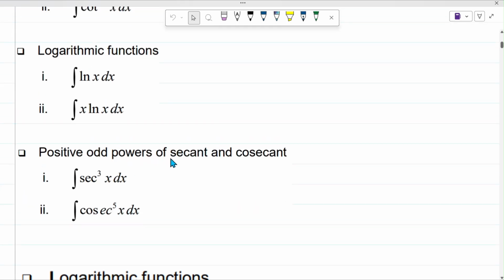The last one is where we have positive odd powers of secant and cosecant. For example, the integral of secant cubed of x dx, as well as cosecant to the power 5 of x dx. These two examples are also examples of when we apply integration by parts.